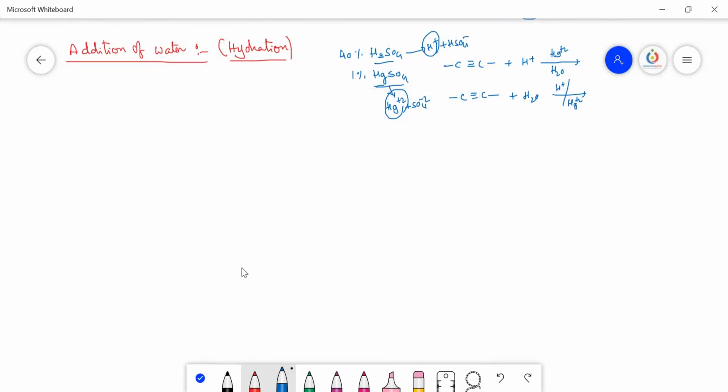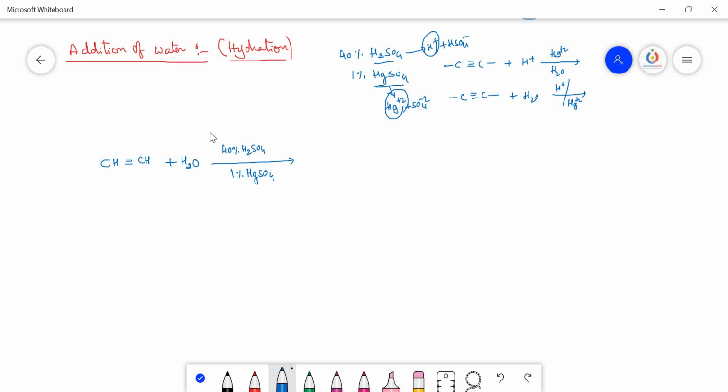Now let's see some of these reactions. Ethyne or acetylene on reaction with 40% sulfuric acid and 1% mercuric sulfate. This is an important one.